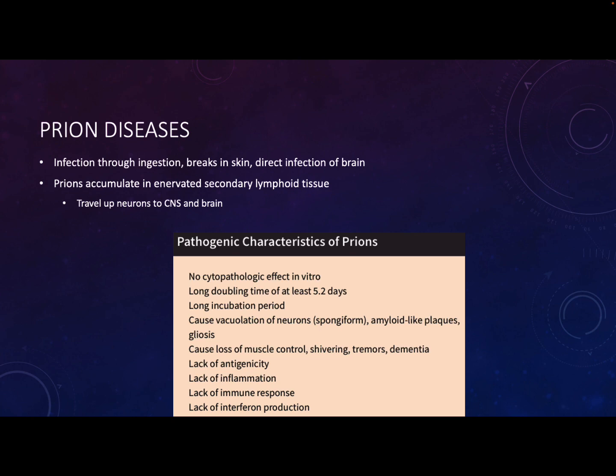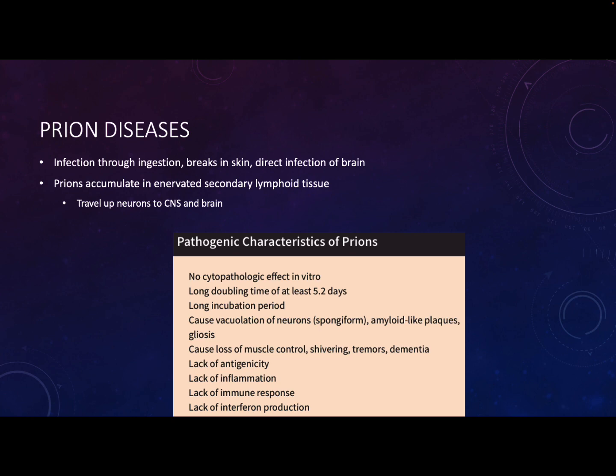Now, the challenge is that you don't know you have it. There are no symptoms until it's too late. It does not cause any CPE. It has a very long doubling time, a very long incubation period. It can be decades. Eventually, when it gets into the brain, it can cause the neurons and cells of the brain to form vacuoles, and it forms these amyloid-like plaques.